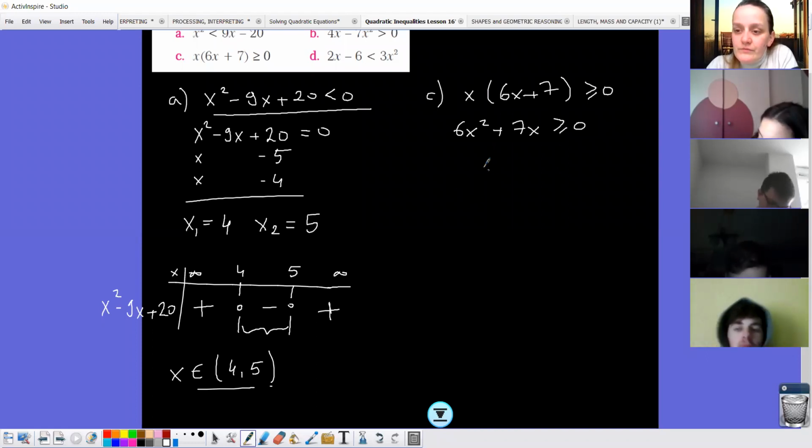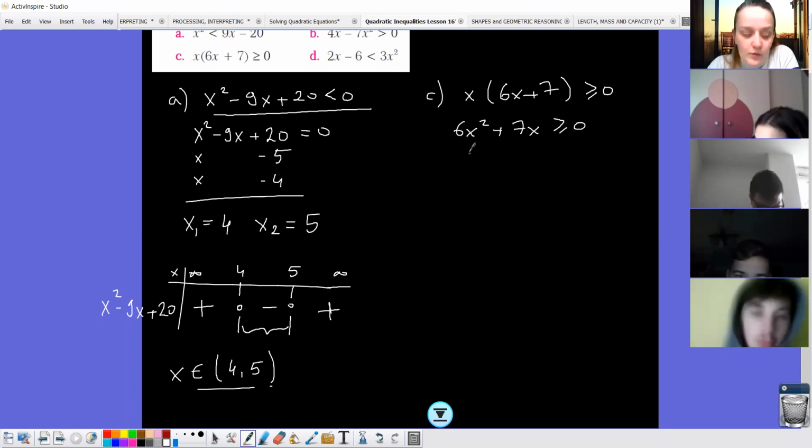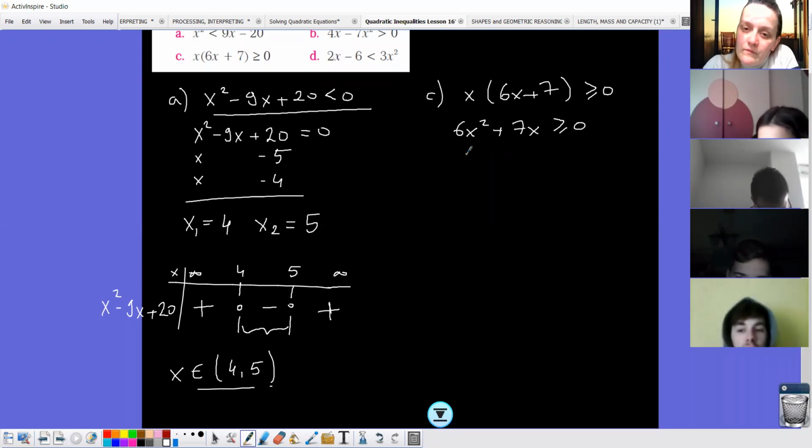Now what will we do? This is standard form. We will find the roots. Okay, how will we find the roots? Firstly, we need to set it equal to 0. 6x squared plus 7x is equal to 0.